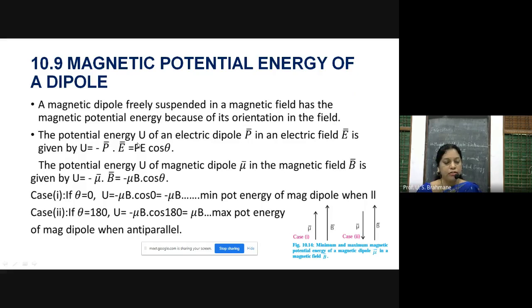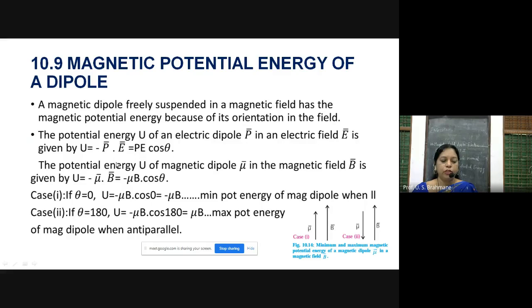The potential energy U of an electric dipole P vector in an electric field E vector is given by U equal to minus P dot E, that is equal to minus PE cos theta. So it is a dot product, you can see that.